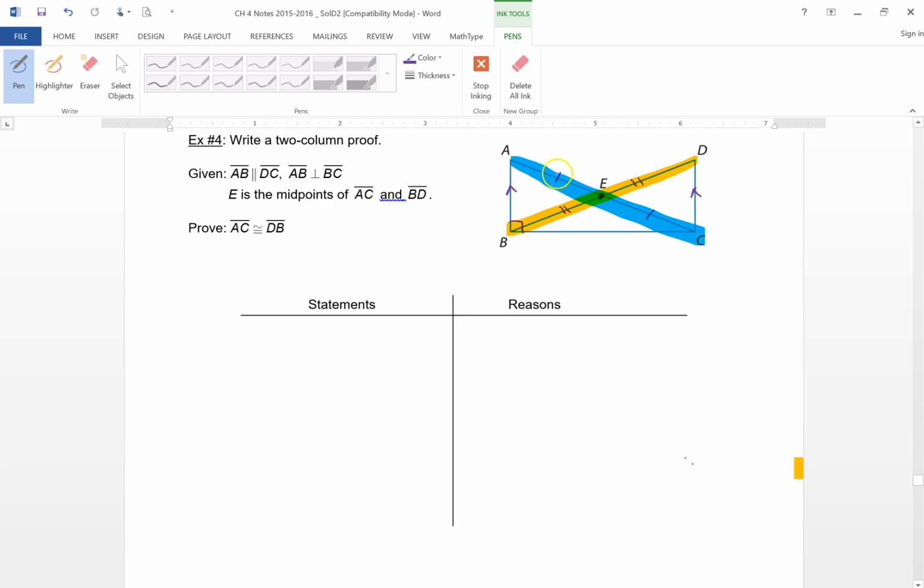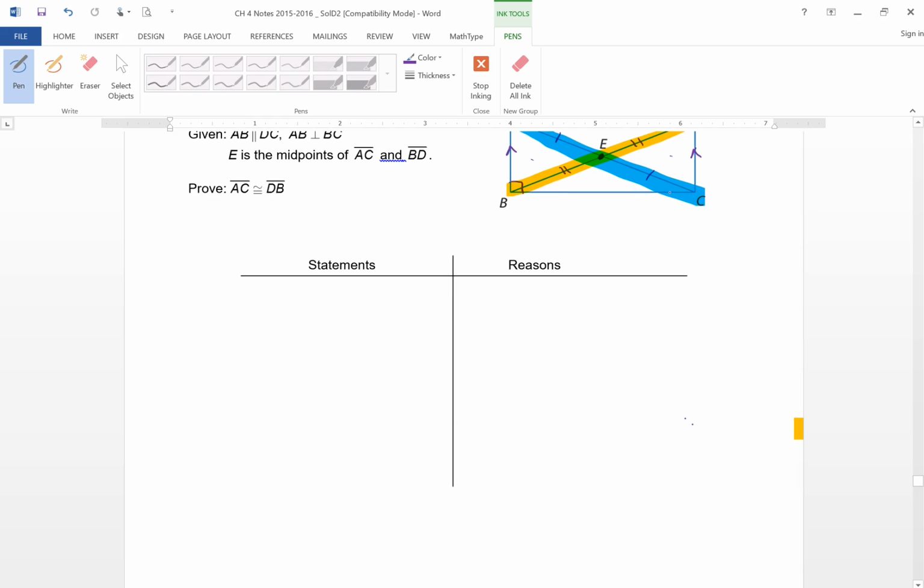To do that, though, first, I have to prove the little ones are congruent, and then go to that step. I'm going to use that to get sides to prove the big triangles are congruent. And then I could prove that those 2 sides are congruent. So let's go. Hang on. All right.